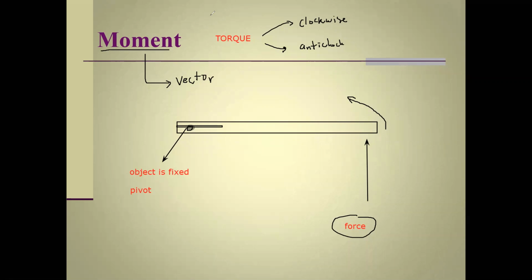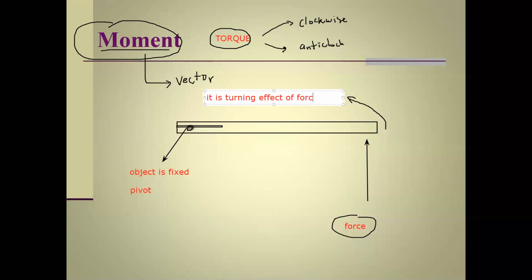And to calculate this moment, how do we calculate? Torque and moment have the same meaning. Moment, I can say moment or I can also say torque. What is the meaning of moment or torque? It is the turning effect of force.